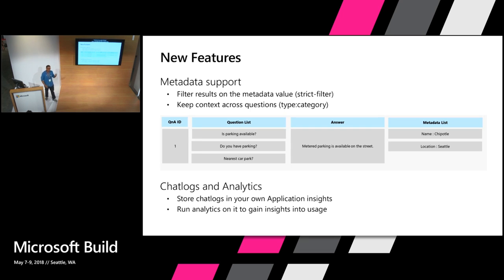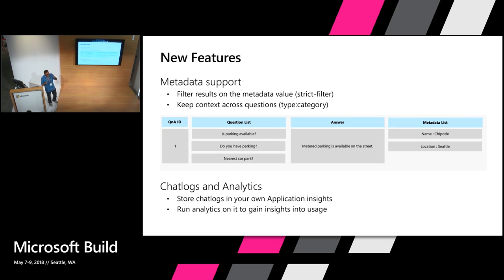There are two ways people use this feature. The first one is, now you can filter results based on that metadata value. So think of a scenario where, let's go back to that HR finance scenario, right? Let's say you have one big knowledge base with some questions that are in the HR category and some in the finance category. So now what you can do is, instead of having to create 2 separate knowledge bases, you can create one knowledge base, but then filter on the metadata value of finance or payroll or whatever it is, right?